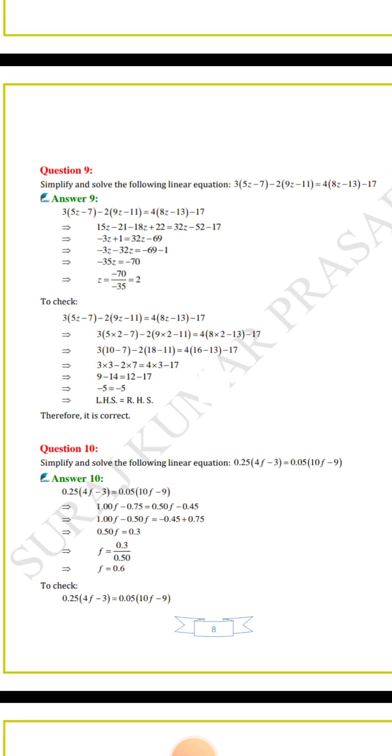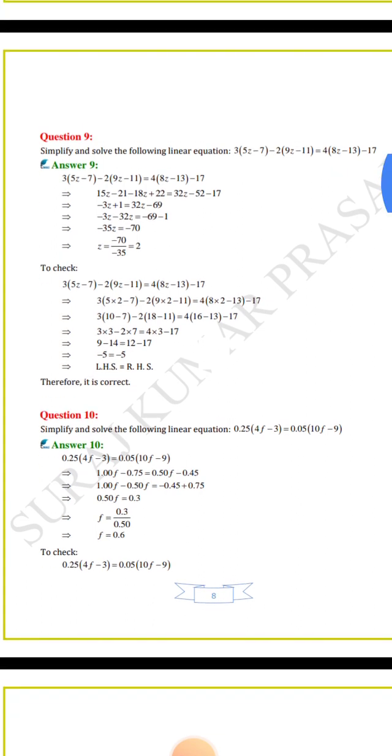Simplify and solve the following linear equations. 3 of 5z minus 7 minus 2 of 9z minus 11 equals 4 of 8z minus 13 minus 17. Then we get 15z minus 21 minus 18z plus 22 equals 32z plus 52 minus 17.